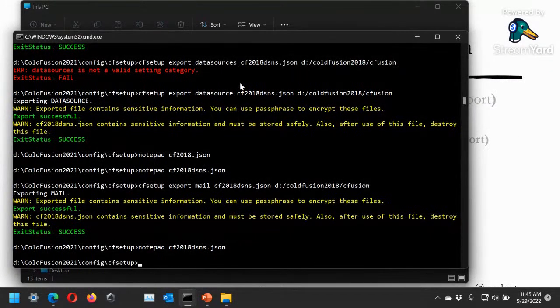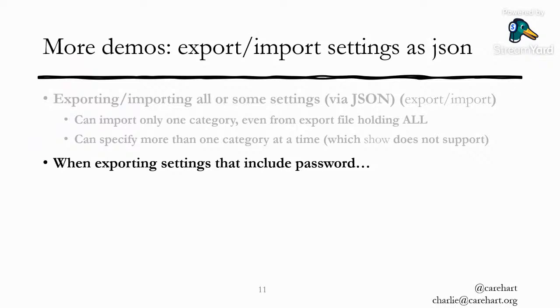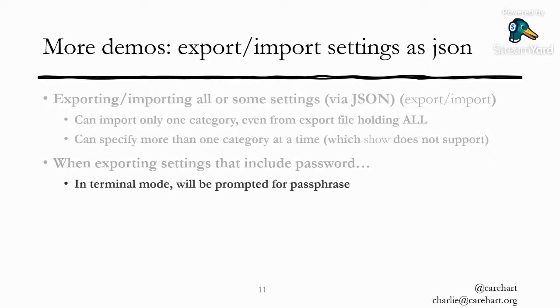And the passwords are encrypted. So again, hold that thought. We'll come back to that in a moment. And I just realized that I just experienced something a little different than what I'd experienced before. When you export settings that include a password, sorry, my bad.